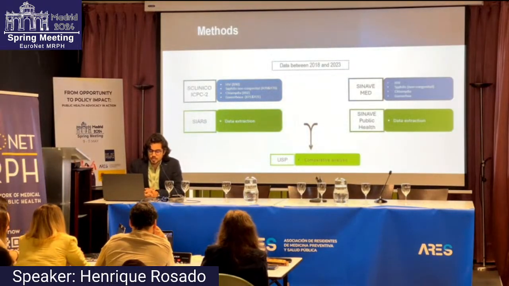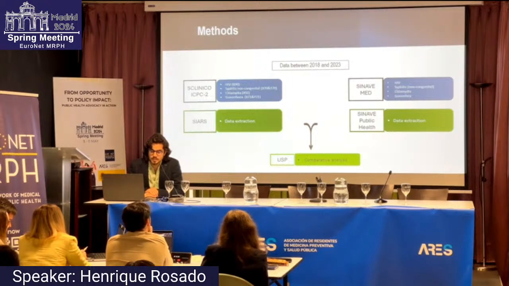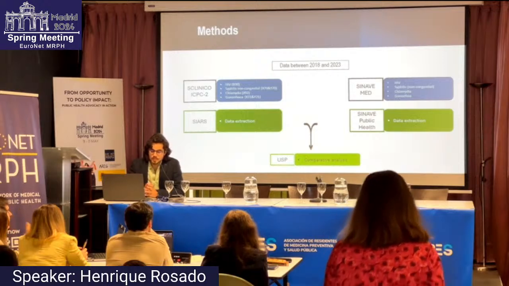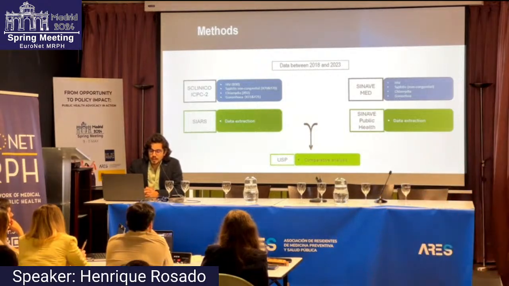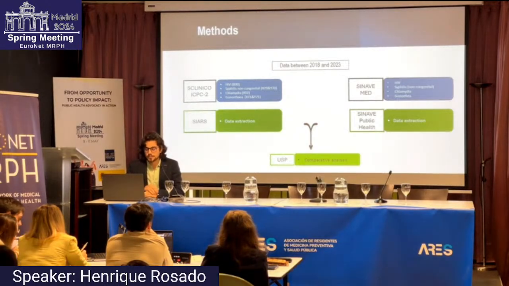For the methods, we searched data from 2018 to 2023 for these specific STIs: HIV, syphilis, non-congenital syphilis, chlamydia, and gonorrhea, and we used two platforms. The first is the SClinico clinical platform, where clinicians codify the diagnosis of their patients using the ICPC-2 code, which we have here for each of these STIs, and we used the CRS, another platform, to extract data from SClinico.